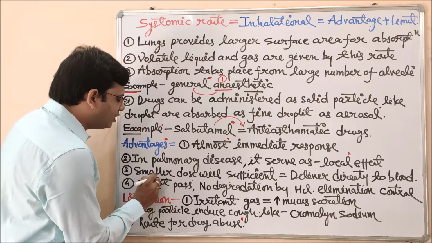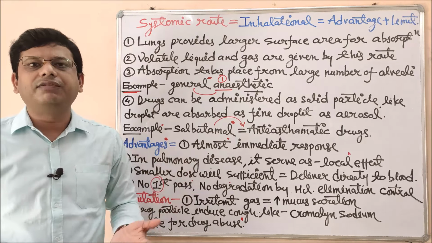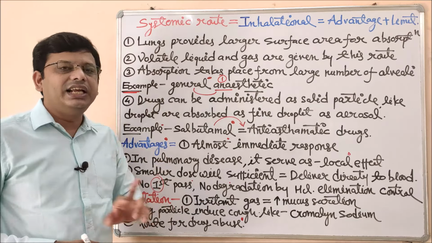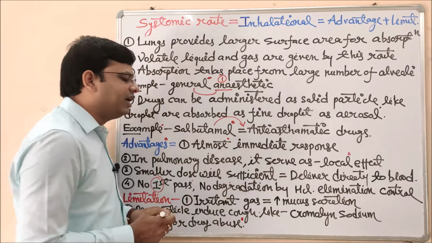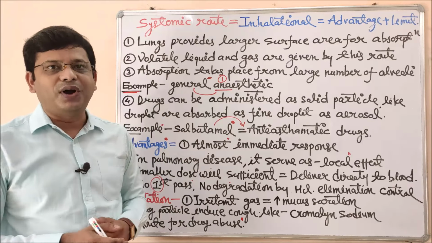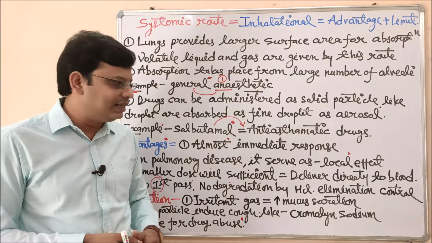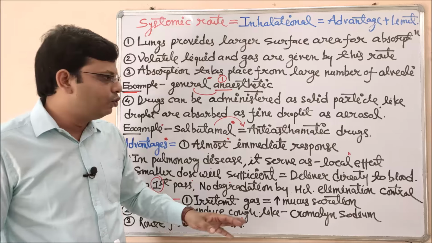The drug will not go to the liver first; it will go to the liver only after distribution. Initially it will not be degraded by first pass metabolism, and it does not go through the gastrointestinal tract, so it will not be degraded or spoiled by gastric acid, which is secreted inside the stomach by different kinds of cells. So this is very important. HCl will not affect this kind of drug via this route.